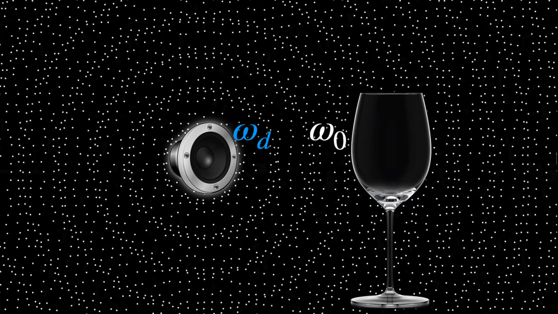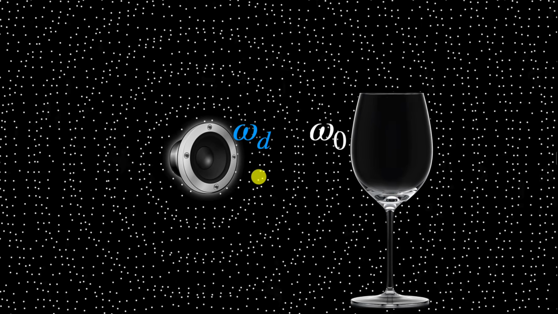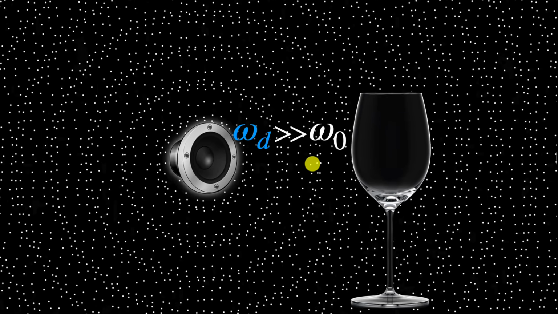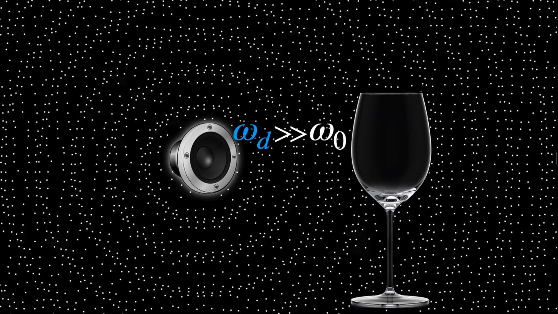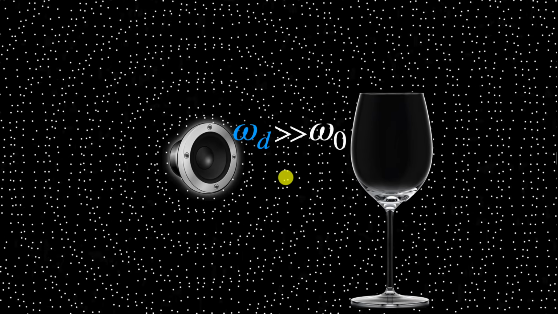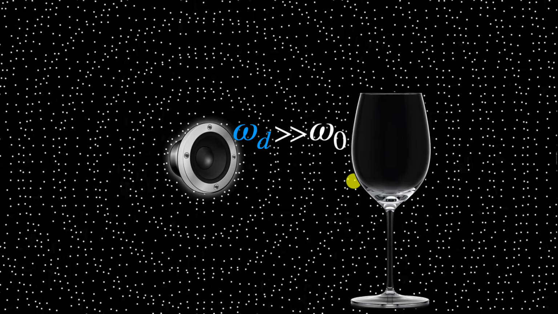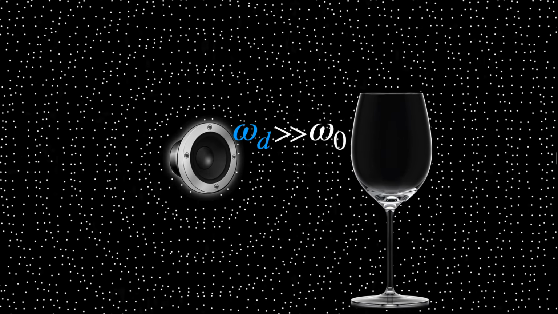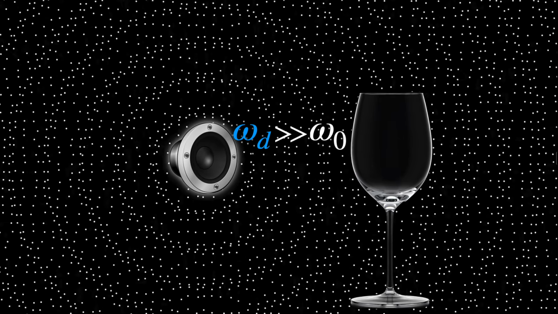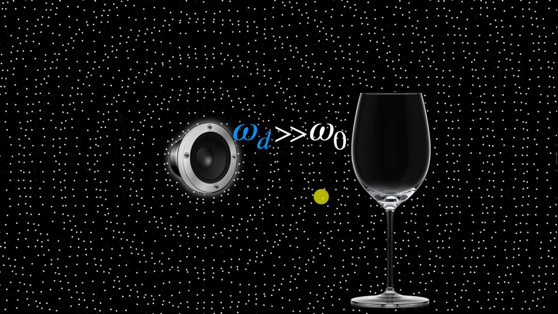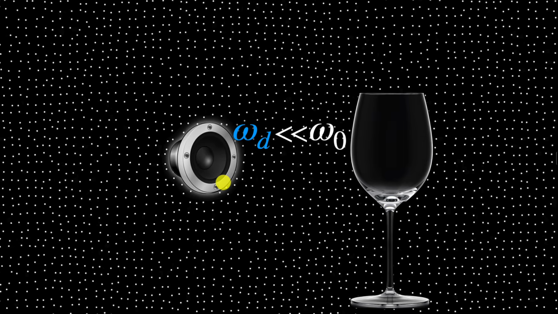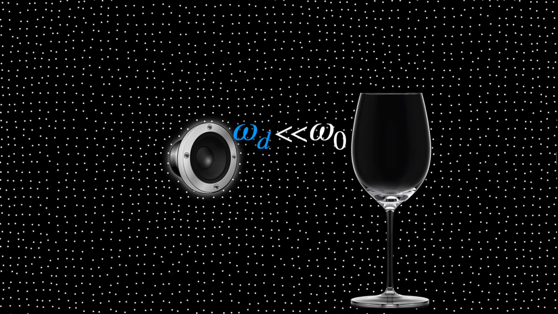And just like before, when the driving frequency is much higher than the natural frequency, we will see that the energy transfer is not very effective. And so although the wine glass does vibrate, the amplitude is very small. The same thing happens if the driving frequency is much, much smaller than the natural frequency of the wine glass.